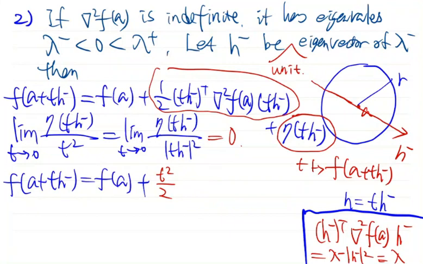And finally, we have lambda minus, which could not be omitted, and we have eta(t h minus).